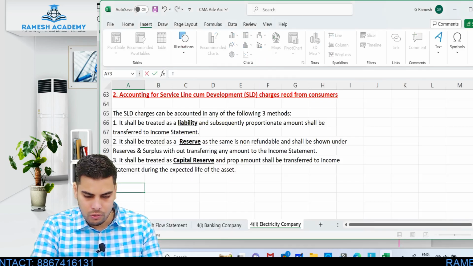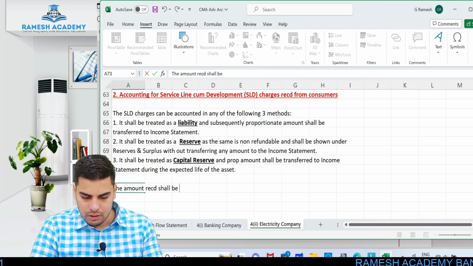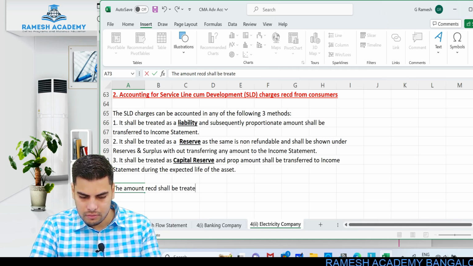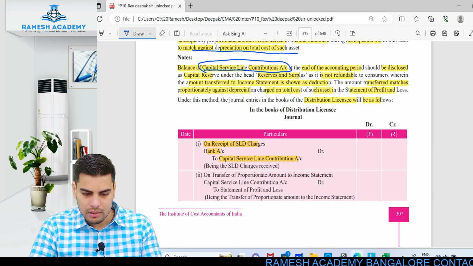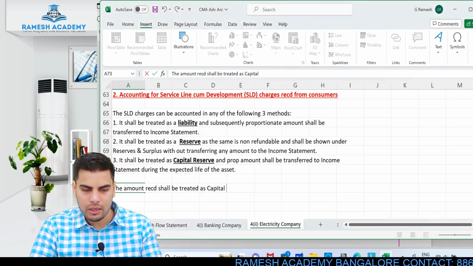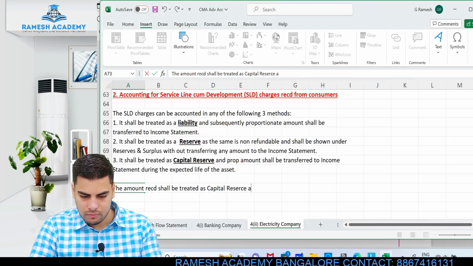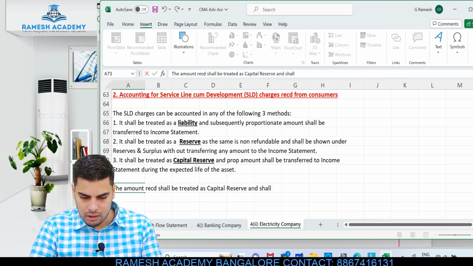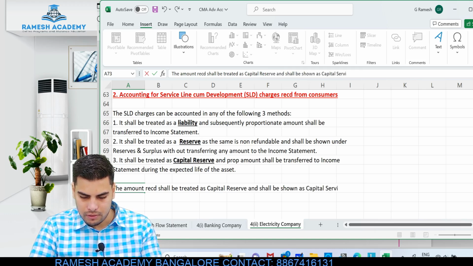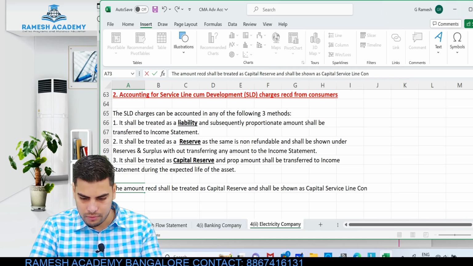Okay, so the amount received shall be treated as capital service line contribution, and shall be shown as capital service line contribution account.